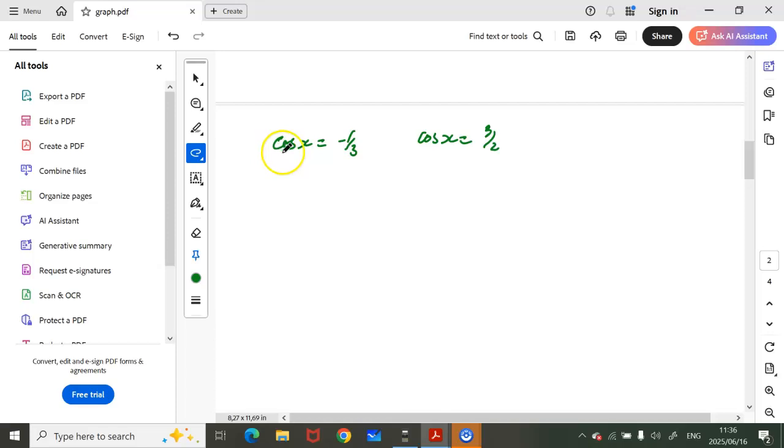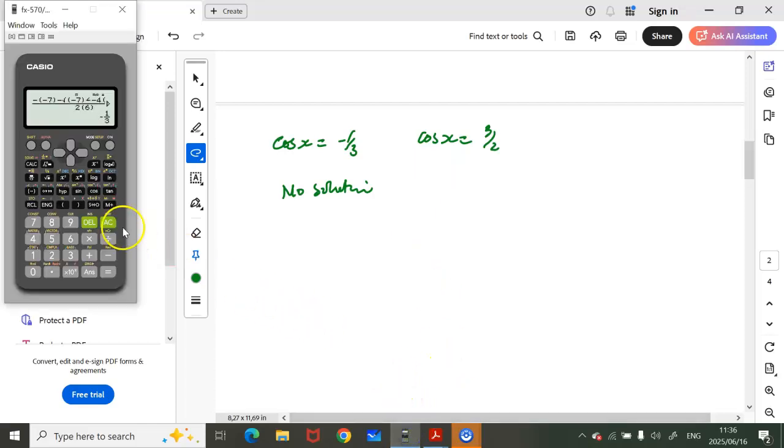But if we say shift cos of 3 over 2, it says math error.